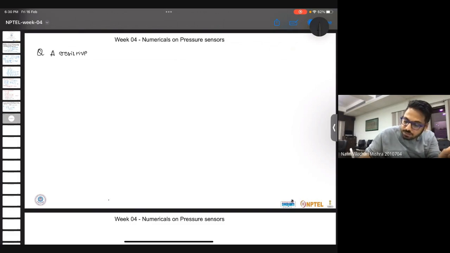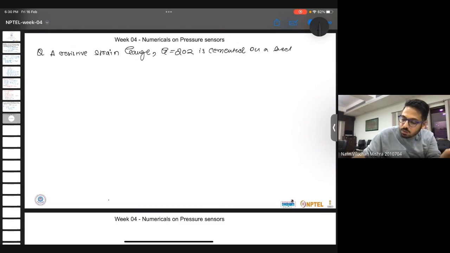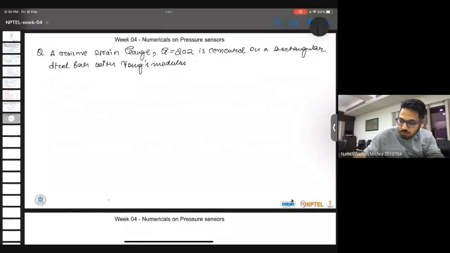So, a resistive strain gauge, where the value of G is given as 202, is cemented on a rectangular steel bar with Young's modulus of value 205 into 10 to the power 6 kilonewton per meter square.